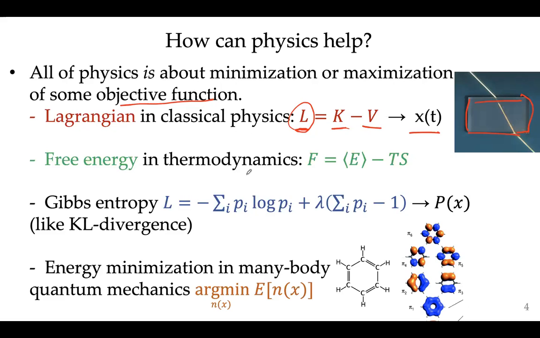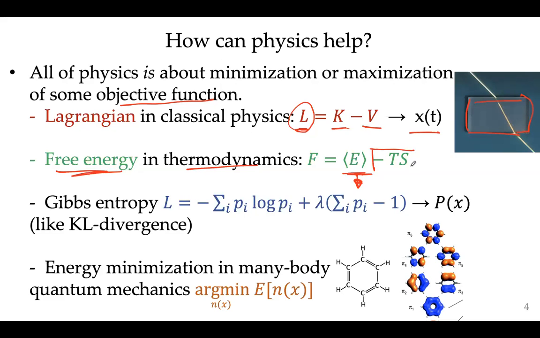Nature is using some minimization techniques to find this path. It's basically minimizing the Lagrangian here. So what do we minimize in thermodynamics? Well, it is the free energy. In thermodynamics, when free energy is at its minimum, the system is in thermal equilibrium. You can think of a gas in a room. There is going to be some energy term, and basically you try to minimize the energy.